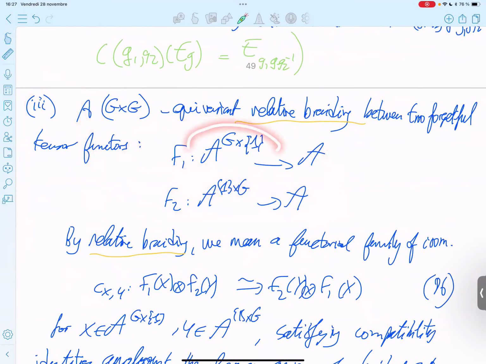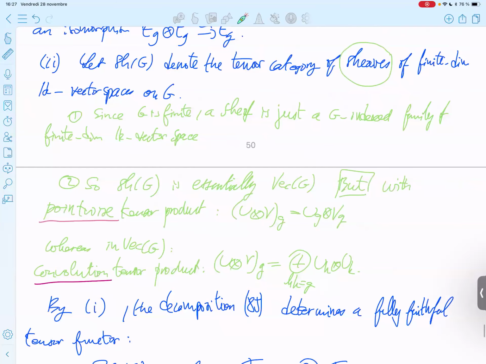So we will need to consider the equivalentization of the disequivalentization, but a kind of half equivalentization, because we made a disequivalentization like that, but then we will make a disequivalentization just of the right or the left G.